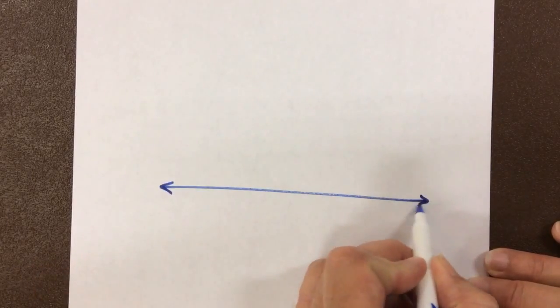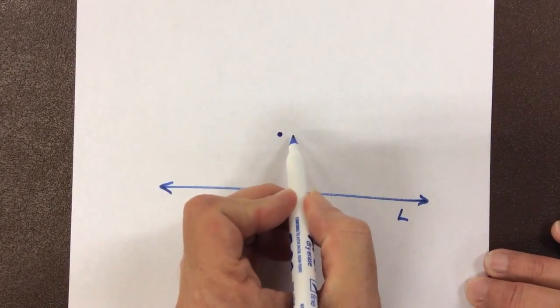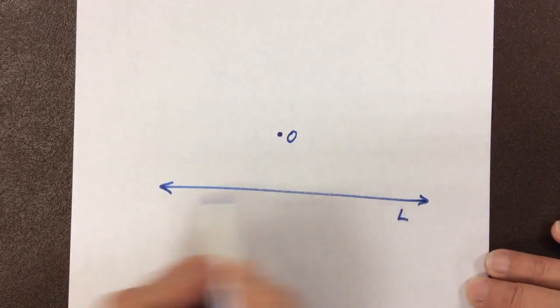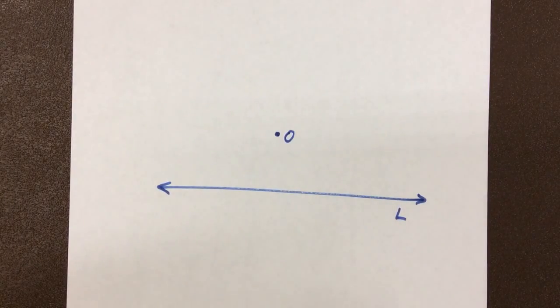So I'm just going to sketch this proof for you. Let's prove that theorem. So we've got a line here, call it L, and I've got a point of rotation, O, that's not on the line. That's important. It can't be on the line.